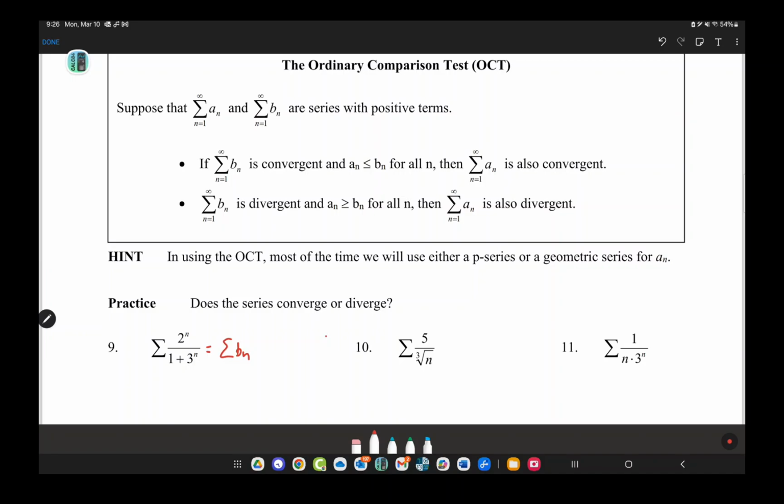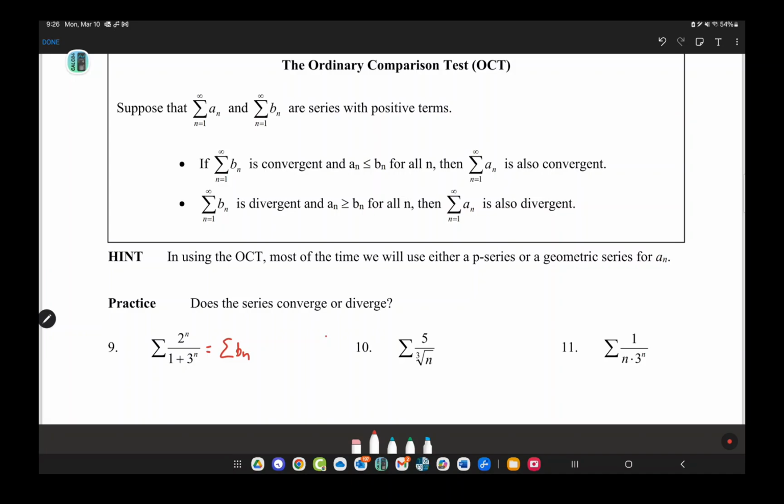The an value we make is either going to be a geometric series or a p-series, and it depends on what we have. Since we have n in the exponent in both numerator and denominator, it'll probably be easiest to make this a geometric series.